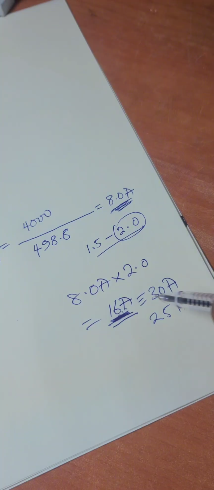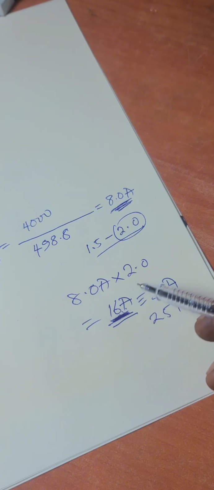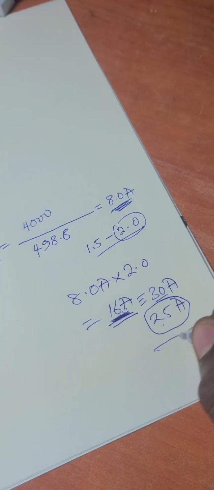So if you have 16 amps, of course, we don't have a 16 amps contactor, the nearest one is either 25 amps or 30 amps. So any of these you use, especially 25 amps, is the right contactor to drive your motor.